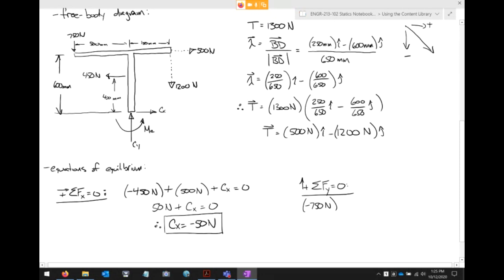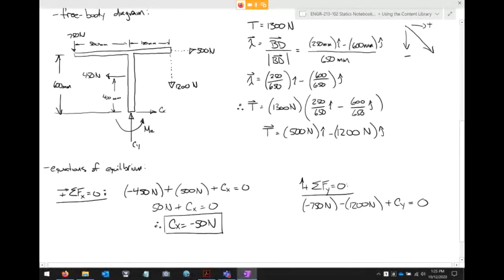All right. Give me another force I need to consider, and its sign. Give me another force I need to consider. Negative 1200. Any other forces I need to consider? Positive Cy. There you go. That's it, right? Every other force is either horizontal or a concentrated couple, so we don't have to worry about that.